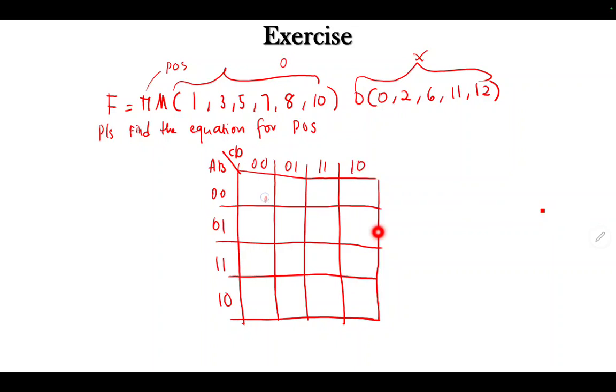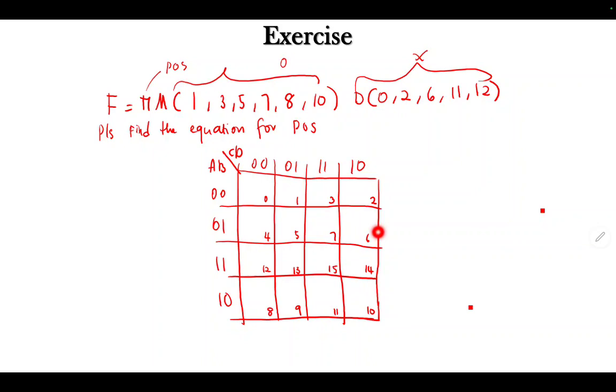And then you remember the position 0, 1, 2, 3, 4, 5, 6, 7, 8, 9, 10, 11, 12, 13, 14, 15.